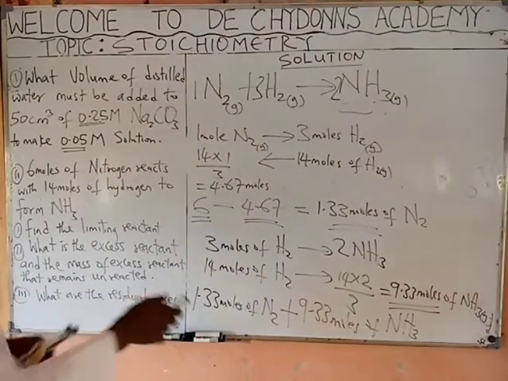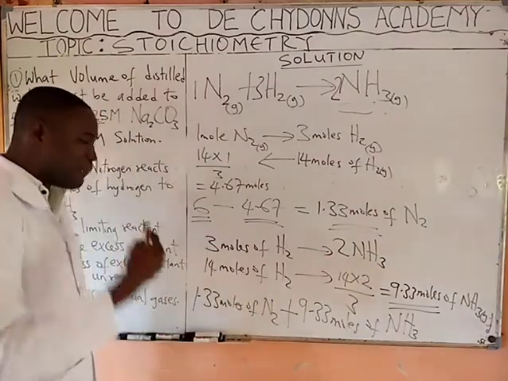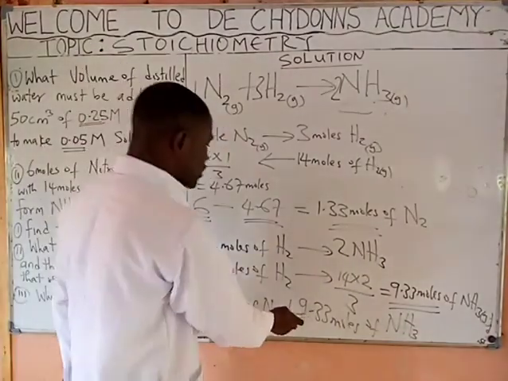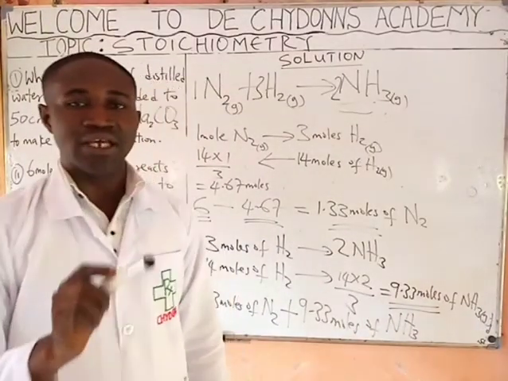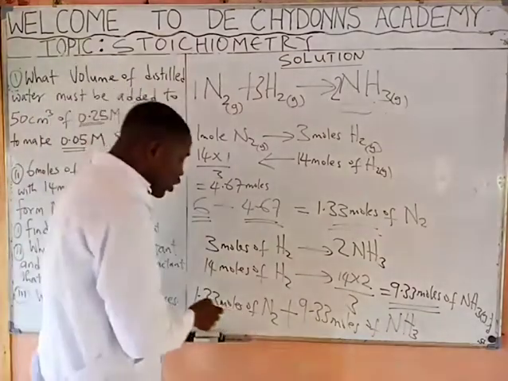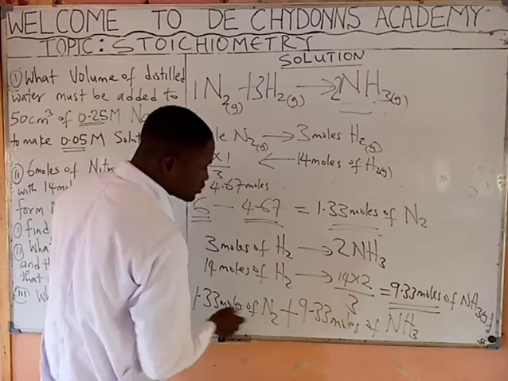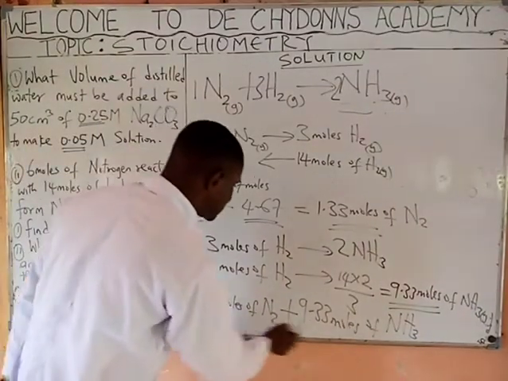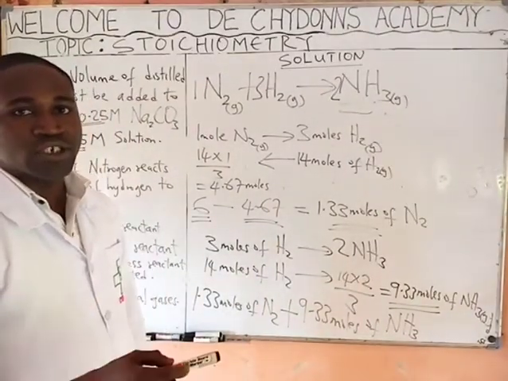So this 1.33 moles of nitrogen, which is the amount of the nitrogen or the excess reactant that is in excess, plus 9.33 moles of ammonia, that is the residual gases. Please do not add these two figures up because they are two different gases. Just write it this way, okay? That is our answer.